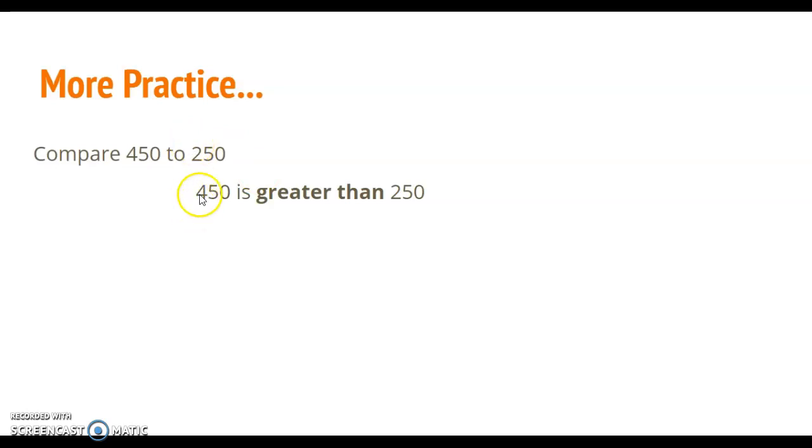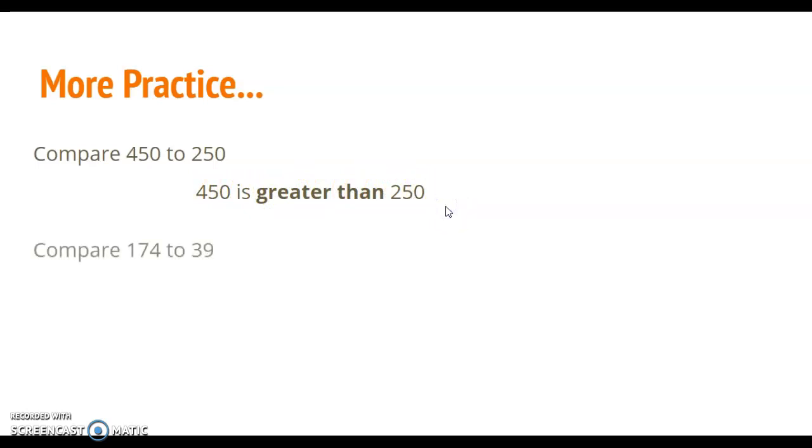All right, now it's your turn to practice. Compare 450 to 250. Is 450 greater than 250, or is it less than 250? Right, 450 is greater than 250. Because in 450 I see there's 4 hundreds, in 250 there's only 2 hundreds, so I know 450 is greater than 250.